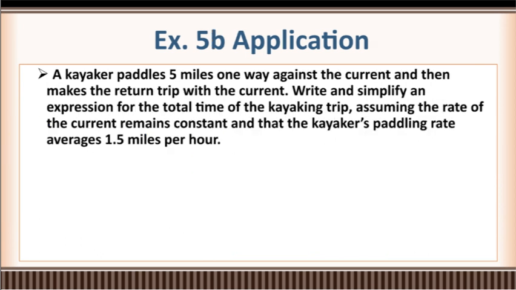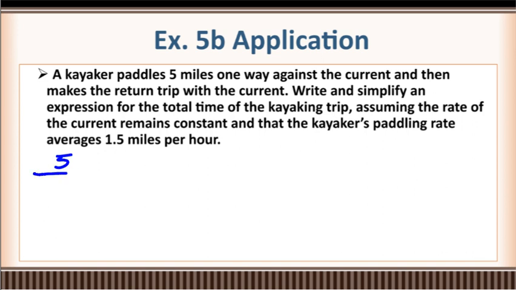In our last application, a kayaker paddles 5 miles one way against the current and then makes the return trip with the current. Write and simplify an expression for the total time of the kayak trip, assuming the rate of current remains constant and the kayaker's paddling rate averages 1.5 miles per hour.